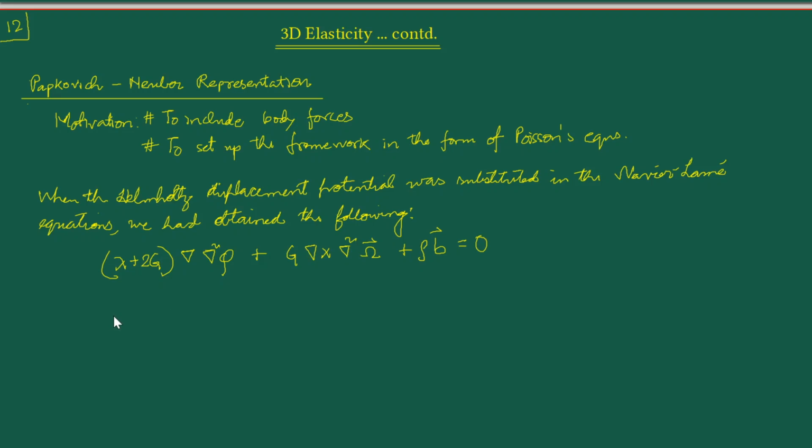What we do first of all is write lambda plus twice g. Lambda is e nu divided by 1 plus nu, 1 minus twice nu, and this twice g we will just keep as it is. You note that this e by 1 plus nu is twice g.